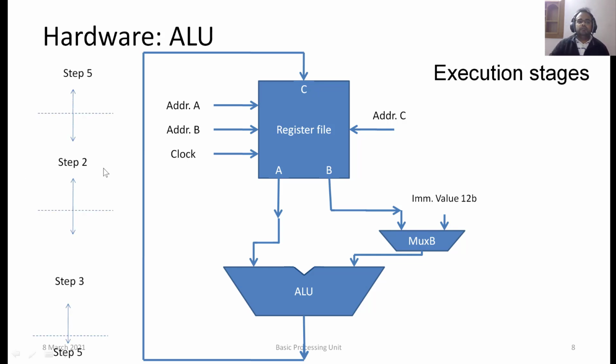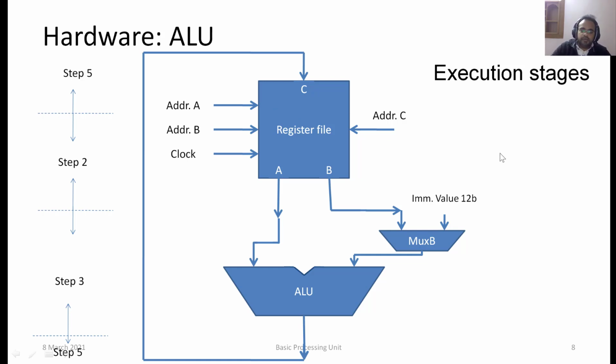In step 2, we identify the source registers and destination register and read the values from the source registers, and by the end of step 2 we can assume that the values A and B are ready, and also the immediate value is extracted and sign extended. At the beginning of step 3, the ALU will pick the values at its input and perform the operation, and as step 5, it writes back to the register file, to the destination register C.